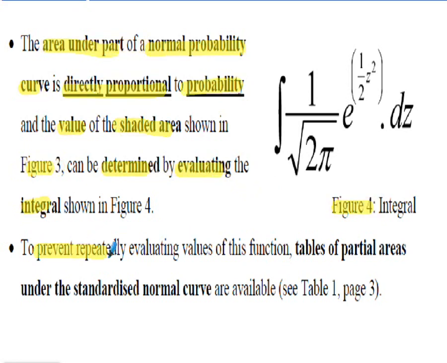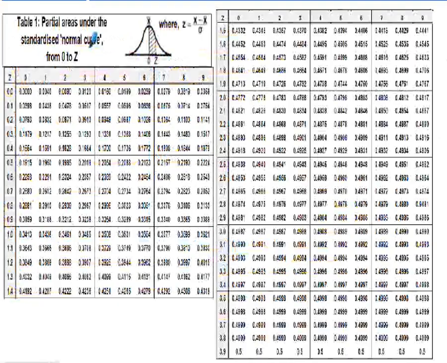However, to prevent repeatedly evaluating values using this integral, we use tables of partial areas under the standardized normal curve, and they're shown in table 1 on the next slide. Table 1 here shows the partial areas under the standardized normal curve from 0 variate to some value of z variate.